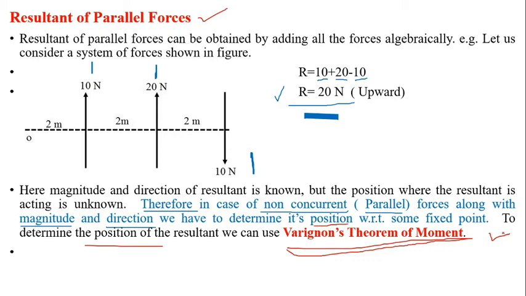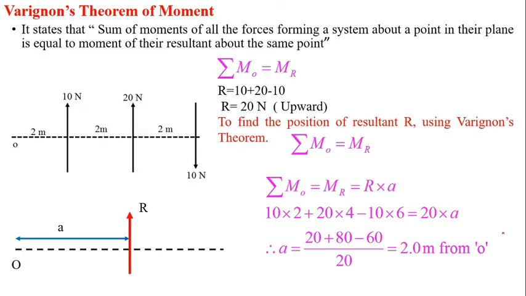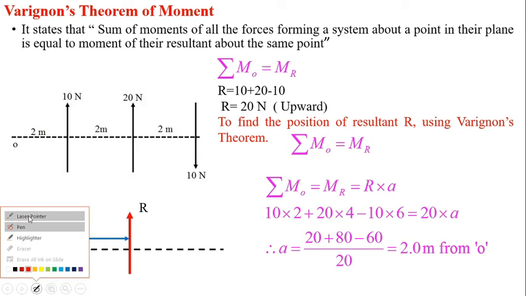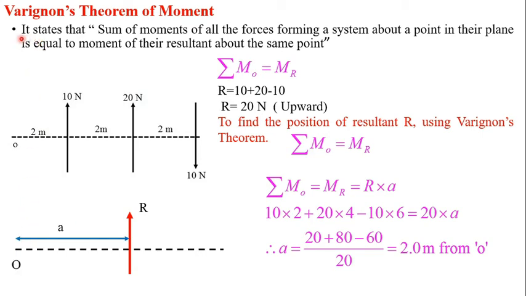So let us discuss what Varignon's theorem is. Now I will read the statement of Varignon's theorem. Listen to the statement carefully. It states that the sum of moments of all the forces forming a system about a point in their plane is equal to the moment of their resultant about the same point.